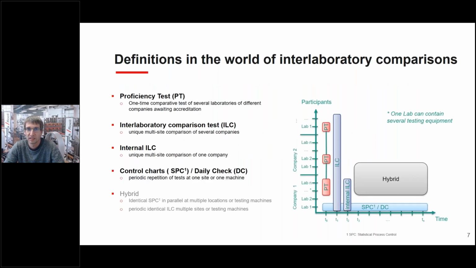A few words on the wording of the world of round-robin testing or interlaboratory comparison testing. The proficiency test typically is a test that is enforced on you if you are an accredited laboratory or you're awaiting your accreditation, where you take part only if you have to, and this is typically only every second year per method, and only with the lab where re-accreditation or an initial accreditation is ongoing.